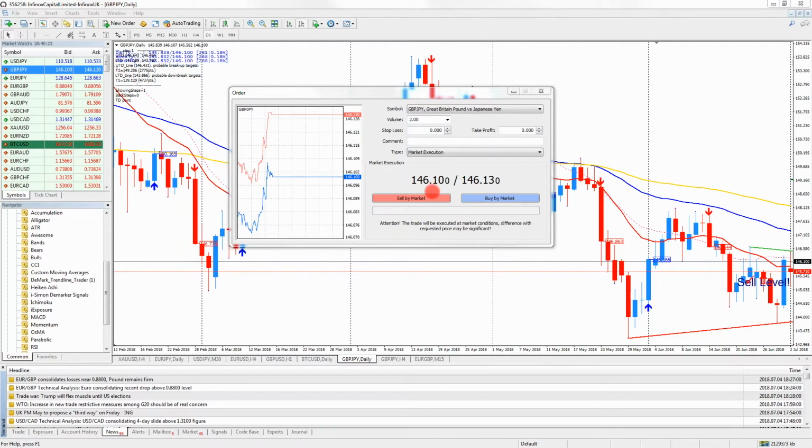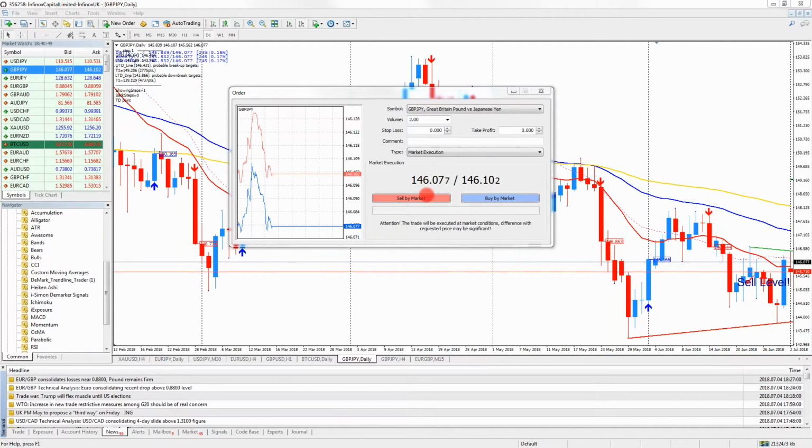Now, after the decimal point, we go to the hundredths. We've got 07 to sell and 10 to buy. These numbers have to go up to 99 and then to 100 for this to change to 147. So once we see 146.99, when it hits 100, it'll see 147, and then 147.01, 147.02.